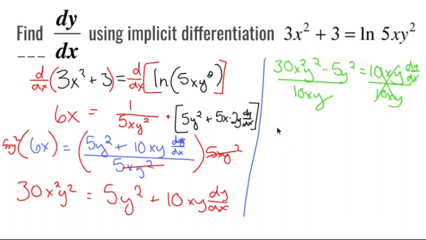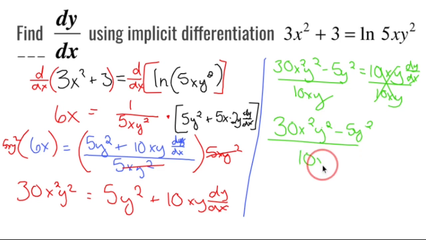Divide both sides by 10xy. Those cancel out. That leaves me with 30x squared y squared minus 5y squared over 10xy equals dy/dx. So let me flip the dy/dx to the left. What I notice is all three of these terms have a y in common and a 5 in common.